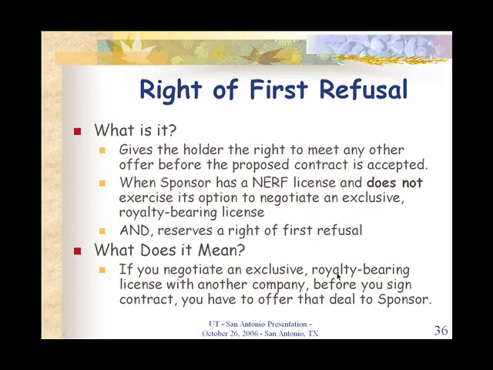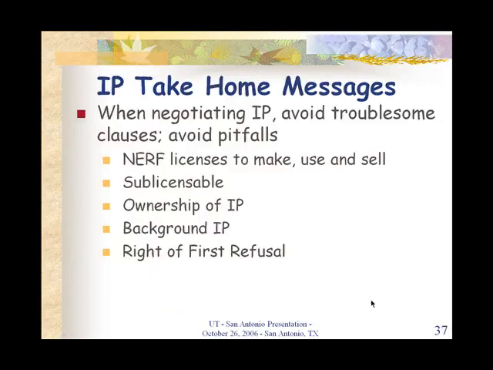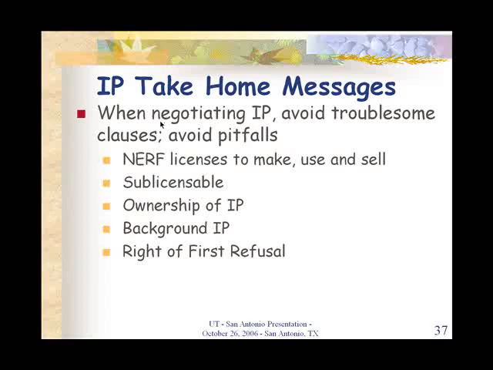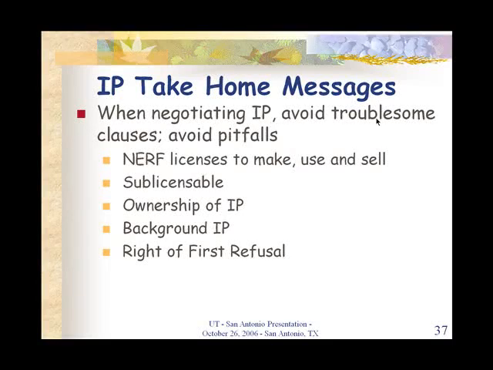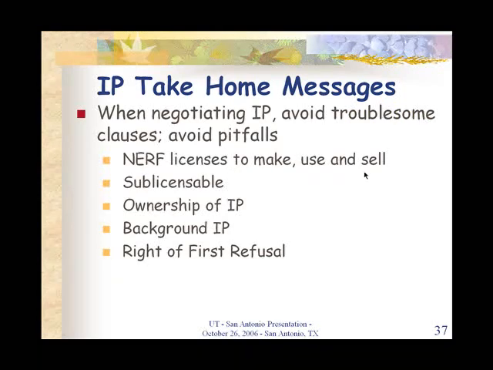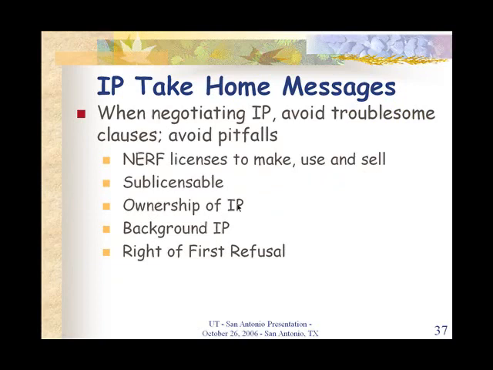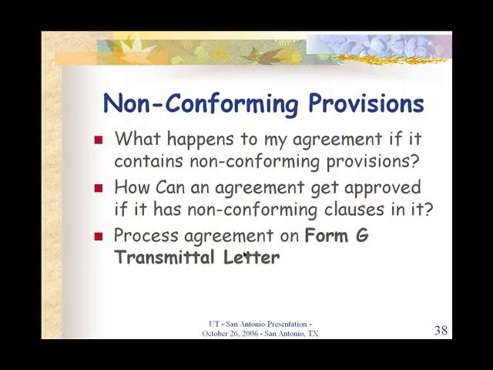If you negotiate an exclusive royalty-bearing license with another company, before you sign the contract, you have to offer that deal to the sponsor. So when negotiating the intellectual property, you have to avoid troublesome clauses, avoid the pitfalls: NERF licenses to make, use, and sell, sub-licensing, ownership of IP, background IP, and the right of first refusal.